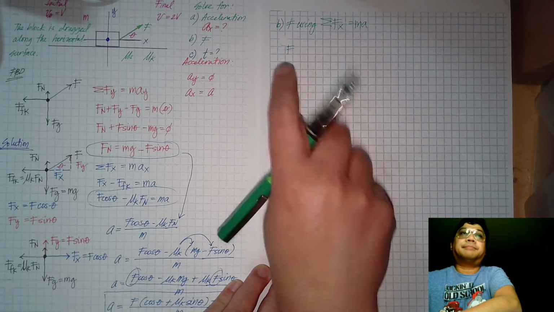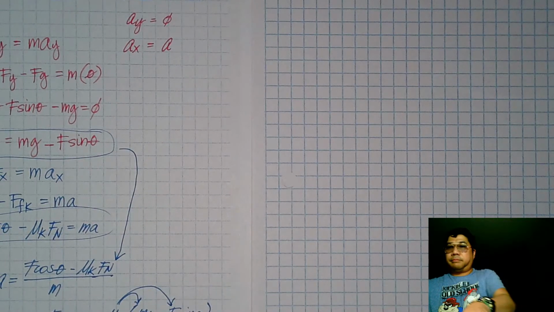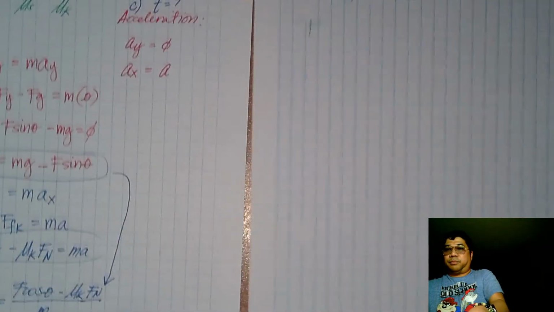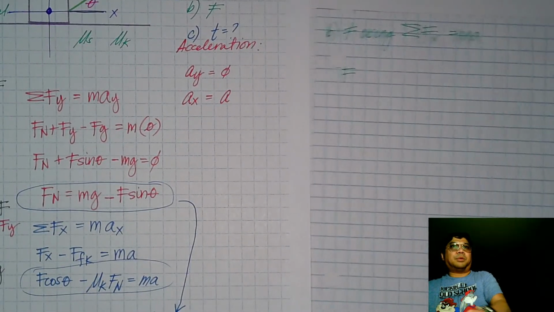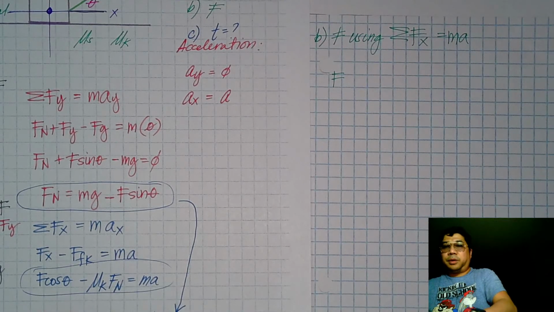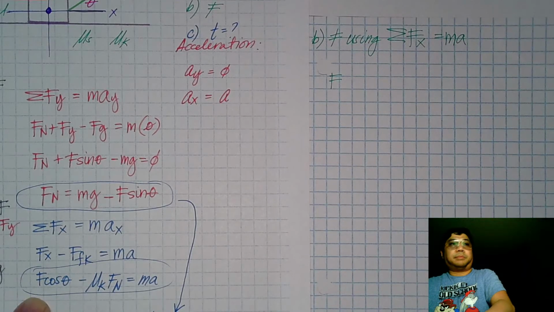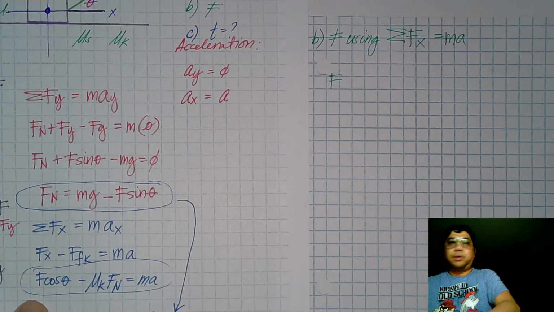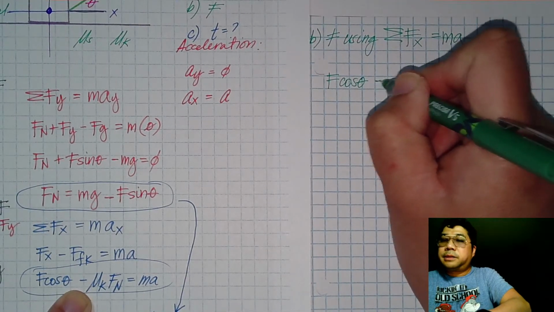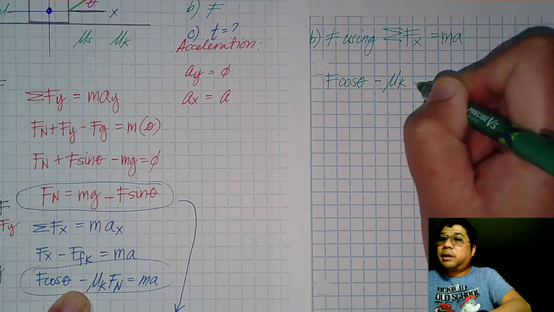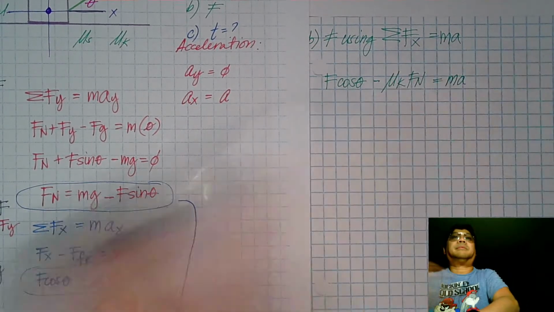So F. Let me just zoom in so you can see it. So which is this one right here. So F cosine theta minus mu k Fn equals mass times the acceleration.